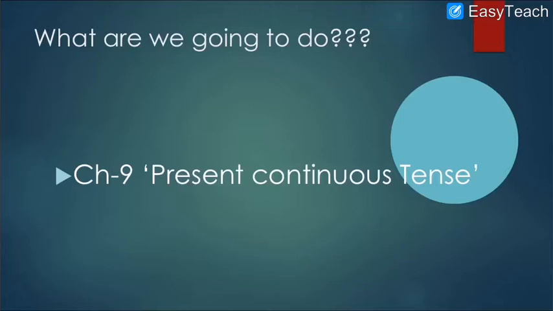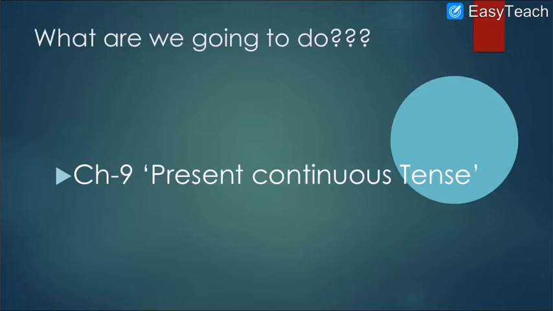Tenses are of 12 types. I have explained simple present and simple past, 2 types. Simple future is not in your syllabus because it will perhaps come in either the 3rd or the 4th standard.